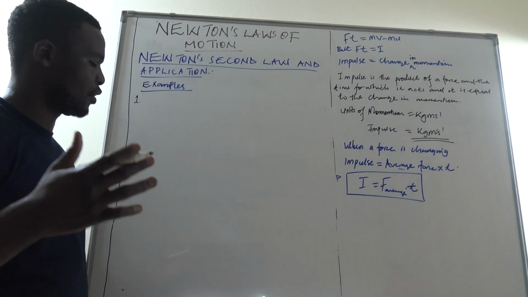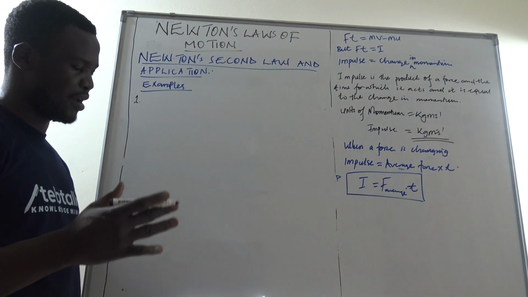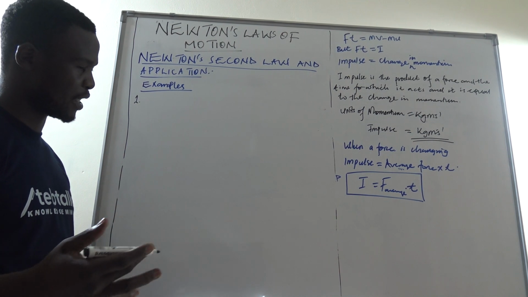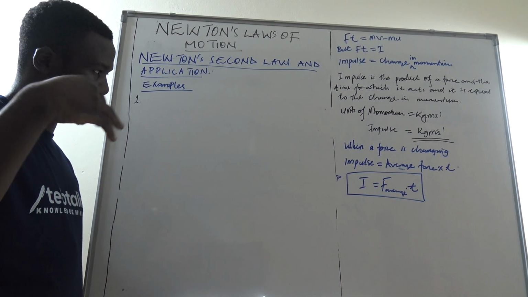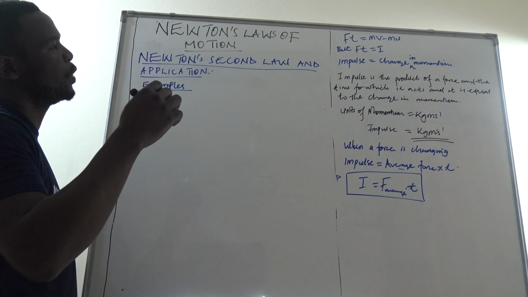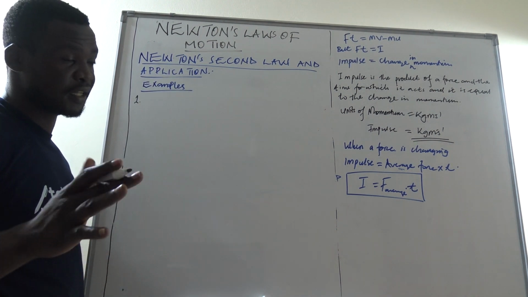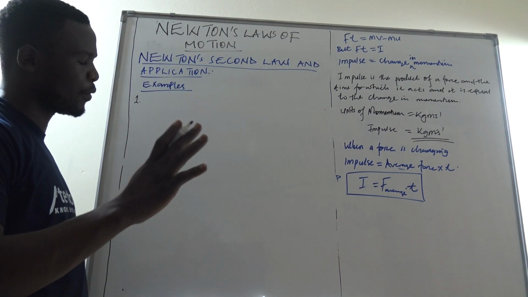There are very many, but we shall look at a few, and whenever you see something that is in line with that, always come back to the expression we derived from Newton's second law, as we're going to see in this example.